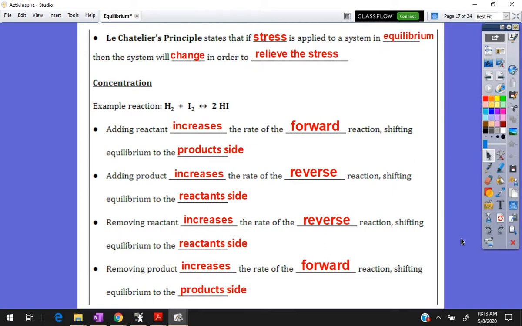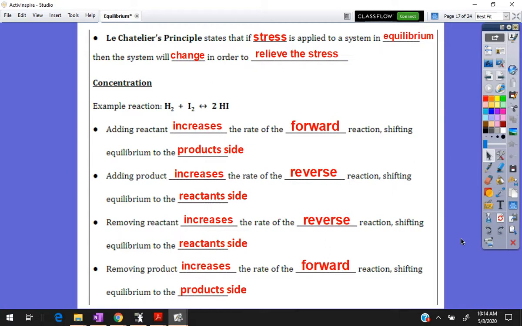So remember that equilibrium means that the rate of the forward reaction and the reverse reaction are equal. It doesn't necessarily mean the concentrations are equal at that point in time, but the concentrations are constant and there is no net change in concentration at equilibrium. So if we introduce a stress, such as adding reactant, we've increased the total number of particles on one side of our reaction.